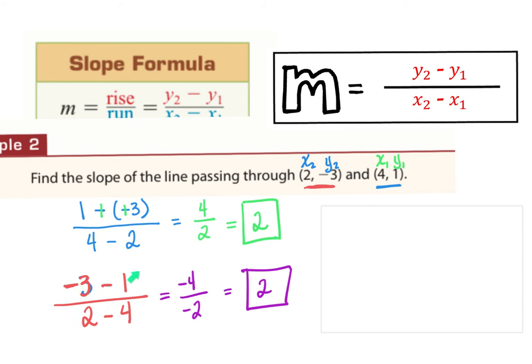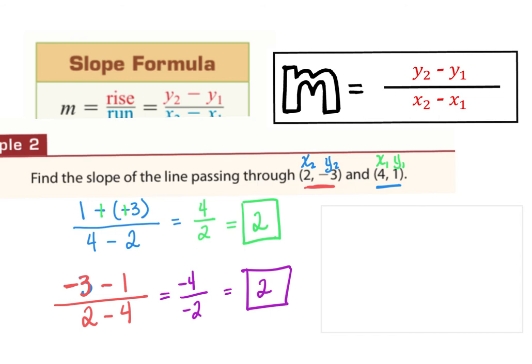If you flip-flop these, then you will get the wrong slope, all right? But as long as -3 and +2 are right over each other in your equation, and then 1 and 4 are right over each other, then you're going to be fine, okay? It doesn't matter which one you start with as long as you keep them in the same order when you go to the denominator.